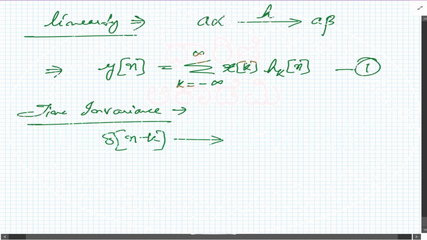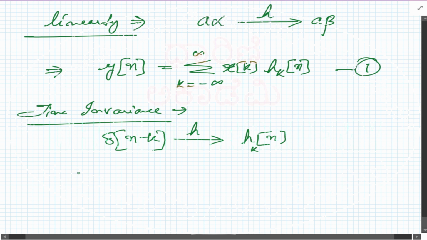What is delta of n? It is 1, right? I'll come to that point in time. So I am assuming that you pass it through the system represented by h, you get hk of n, correct? This is what I just assumed.